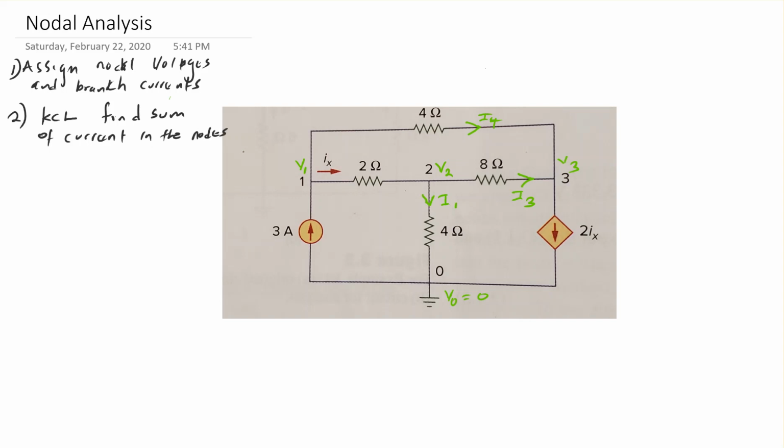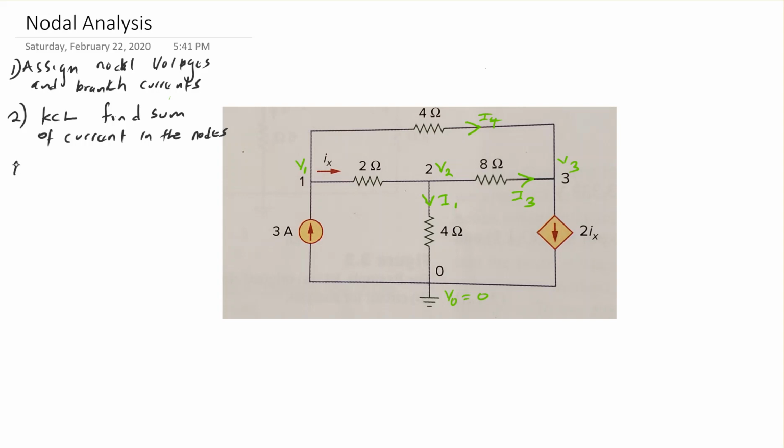So node 1, we will find all the currents flowing into node 1 with the convention that inward direction is positive and outward is negative.